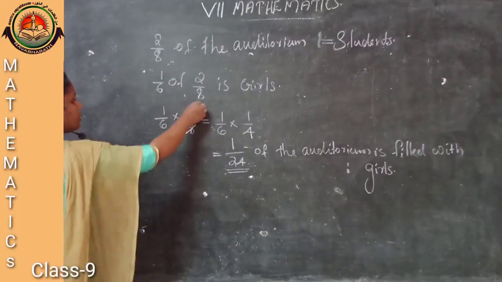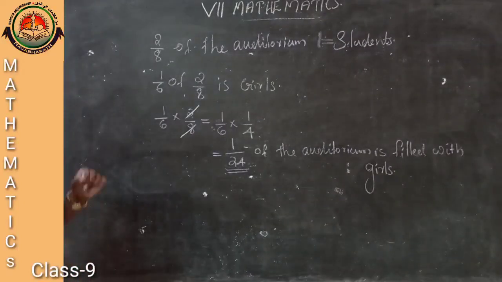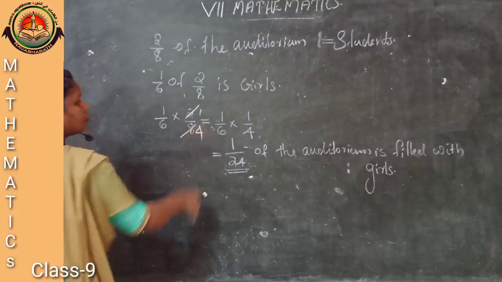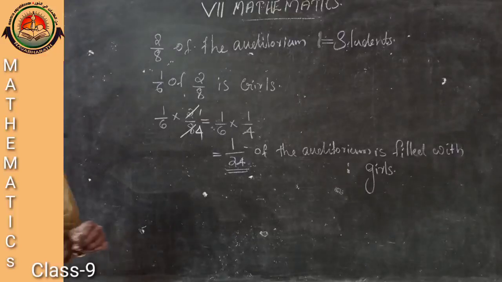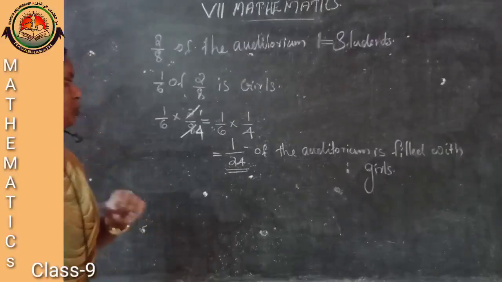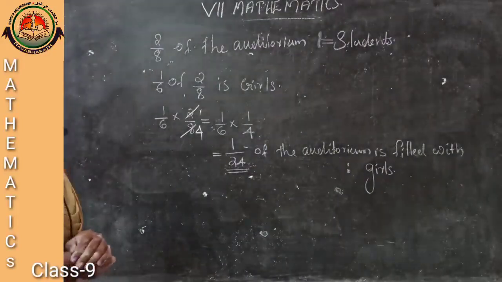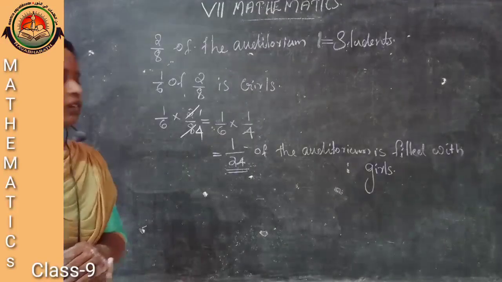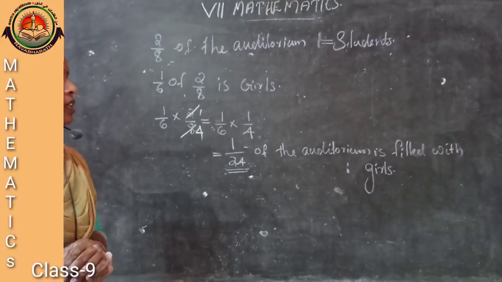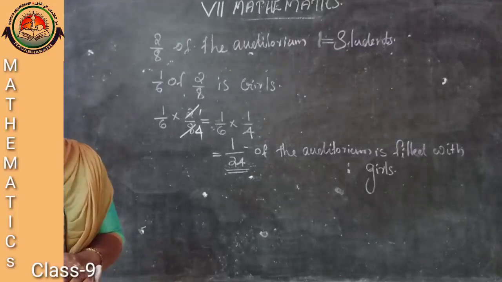What is the common factor in 2 and 8? 2. That is 1 by 4. So 1 by 6 into 1 by 4 is 1 by 24. So 1 by 24 of the auditorium is filled with girl students.